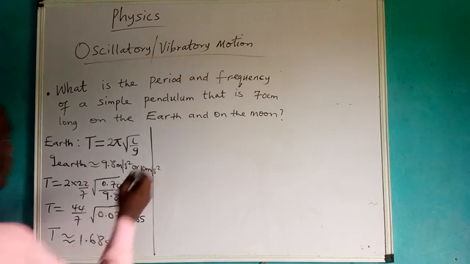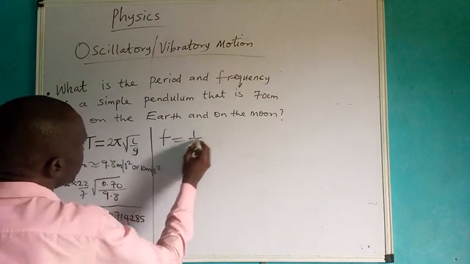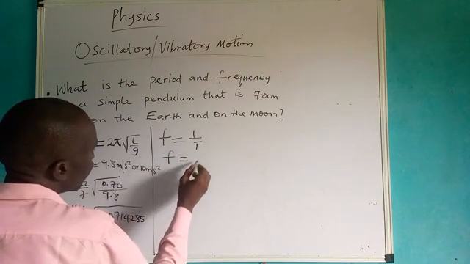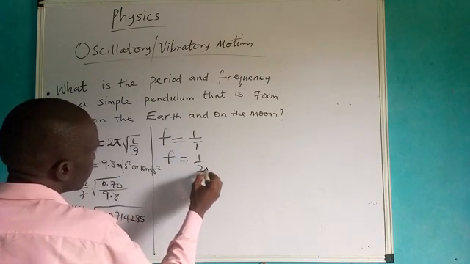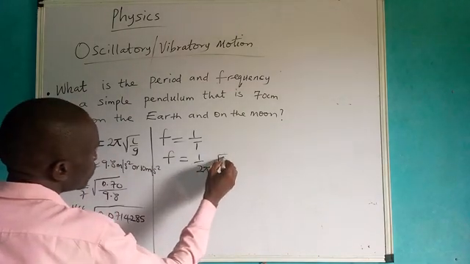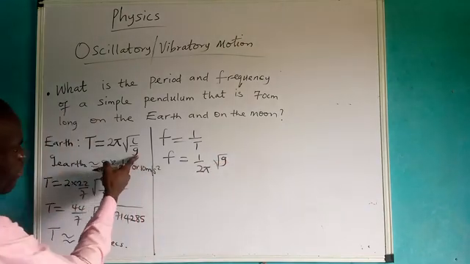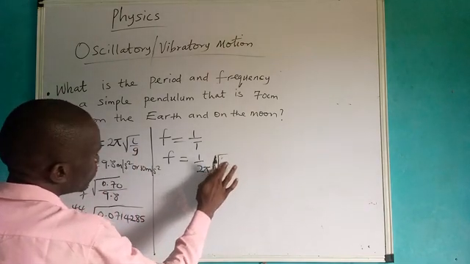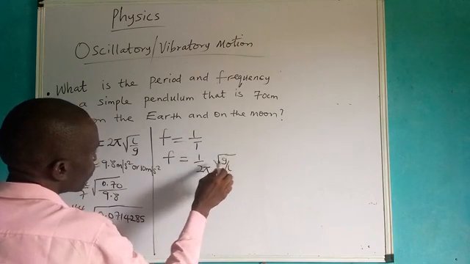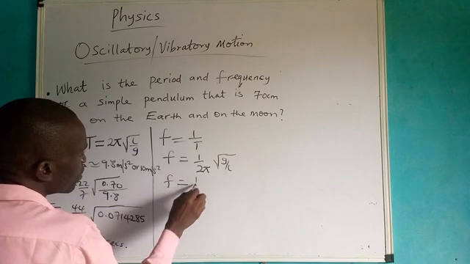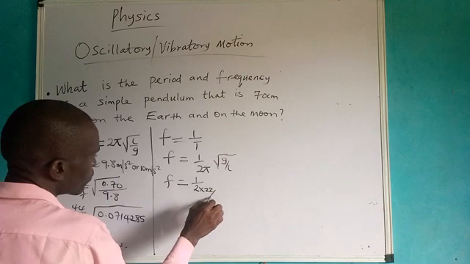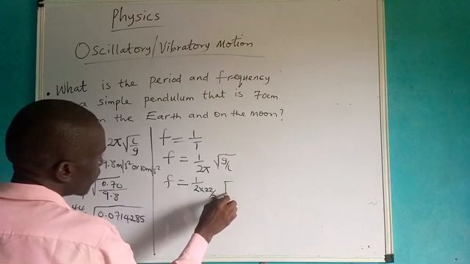Remember that the frequency is simply the reciprocal of the period. Therefore, f becomes the inverse of the formula of the period, and the square root will also be inverted, so it becomes g over L. Now, substituting, this becomes 1 over 2 times 22 over 7, and then we have the square root.